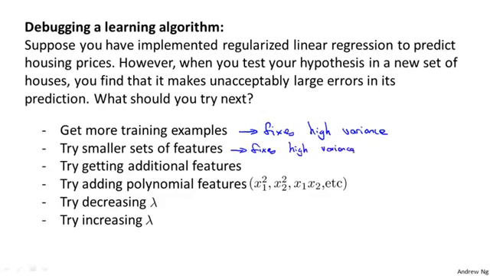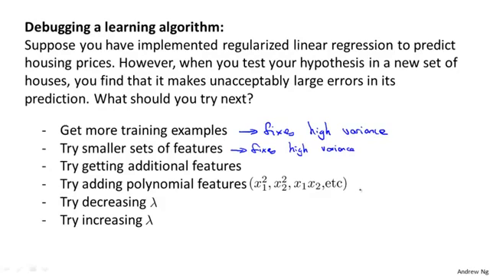In other words, if you figure out by looking at learning curves or something else that you instead have a high bias problem, then for goodness sakes, don't waste your time trying to carefully select out a smaller set of features to use, because if you have a high bias problem, using fewer features is not going to help. Whereas in contrast, if you look at the learning curves or something else and figure out that you have a high variance problem, then indeed trying to select out a smaller set of features might be a very good use of your time.